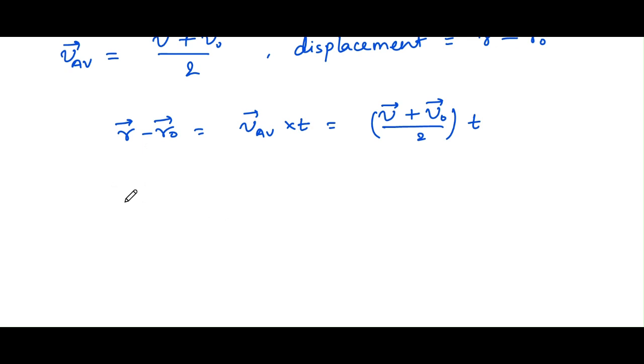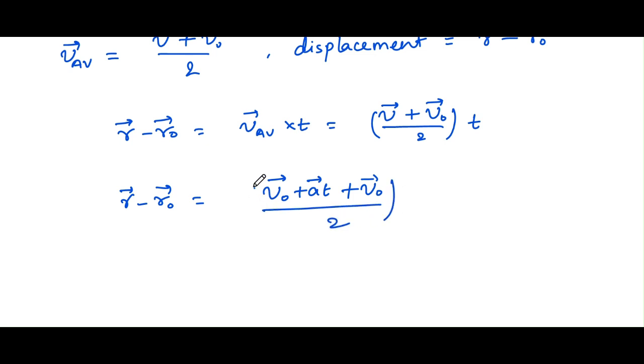So we can write this displacement equals to v naught plus a into t plus v naught divided by 2 into t, and eventually it will be v naught t plus 1 by 2 a t square.